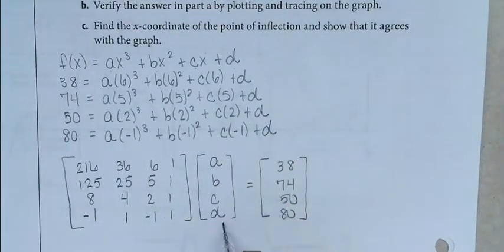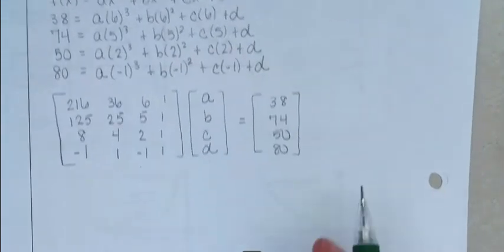All right, now, I'm trying to solve here for A, B, C, and D. So how do I get this matrix by itself? Well, I need to multiply both sides by the inverse of this, right?